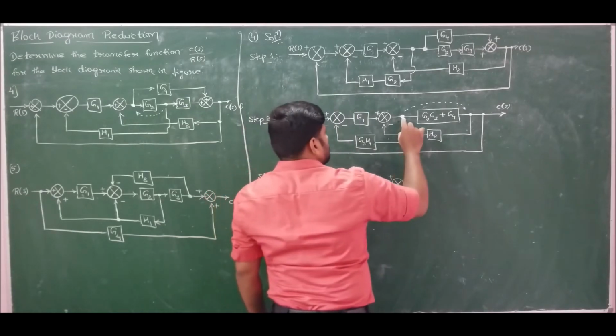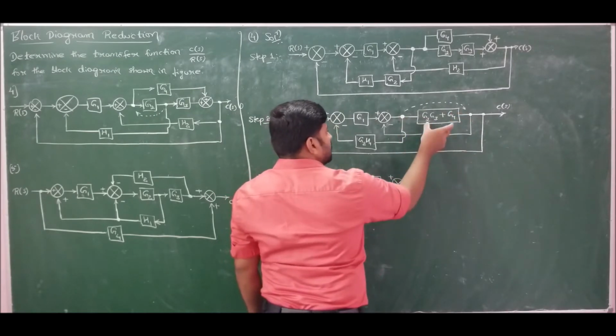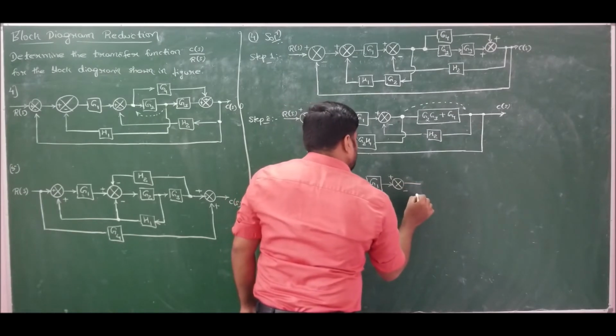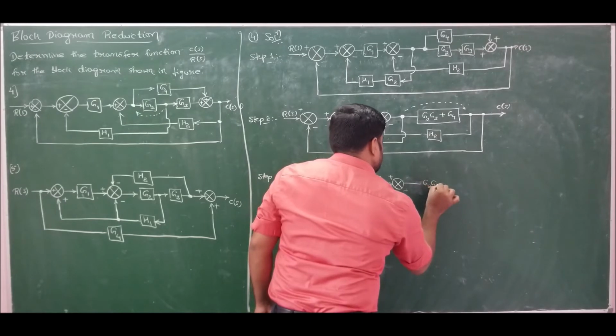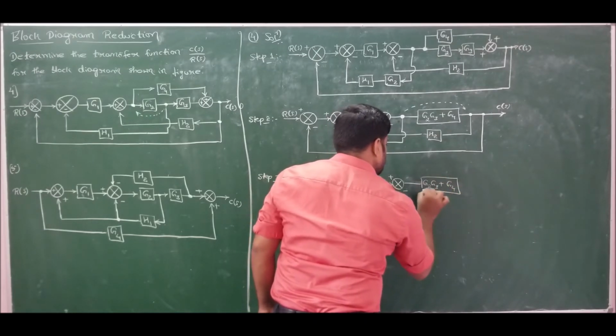So since we are shifting the takeoff point in front of a block, I should add the inverse of the block value to the feedback line, right? So recalling the rule, hence it will become G2 G3 plus G4.